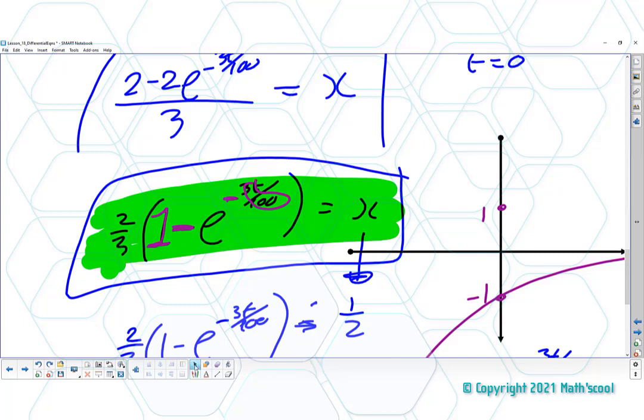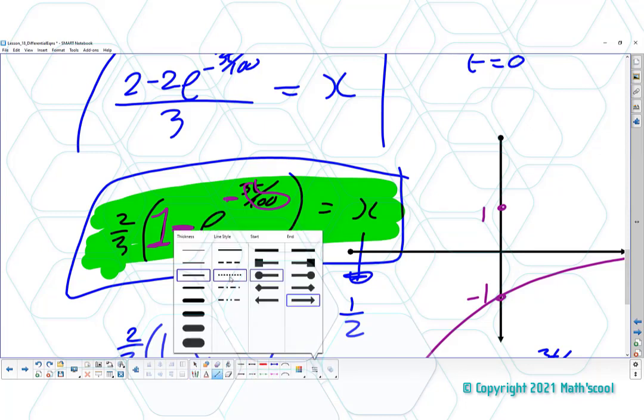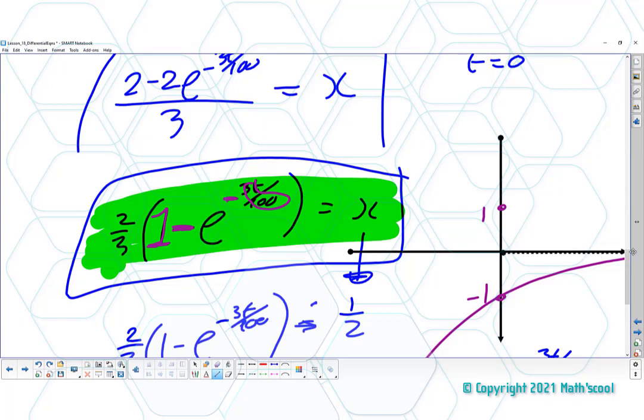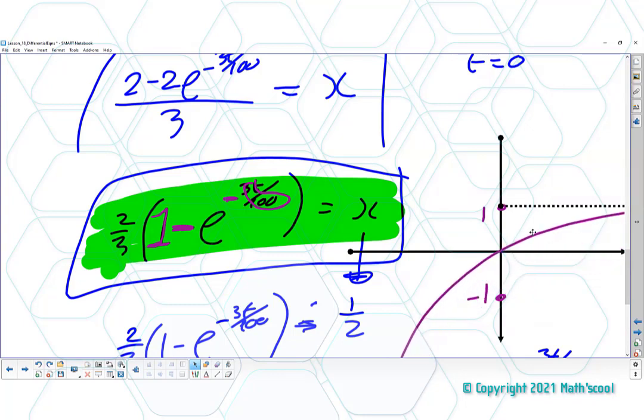That means you're also going to shift this asymptote up by 1. So there's an asymptote here. When you shift it up by 1, you're also going to shift the asymptote up by 1. And, oh, it's touching the asymptote.